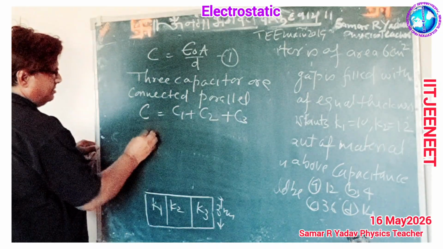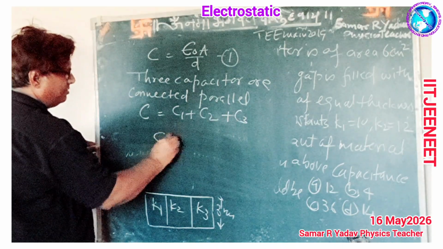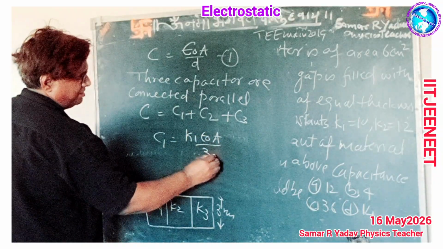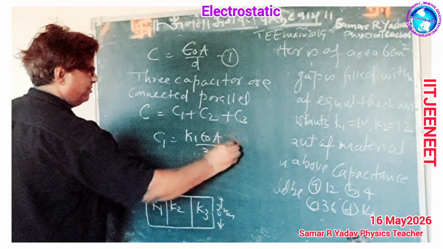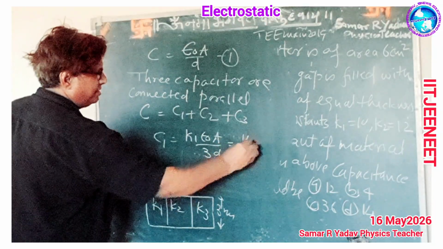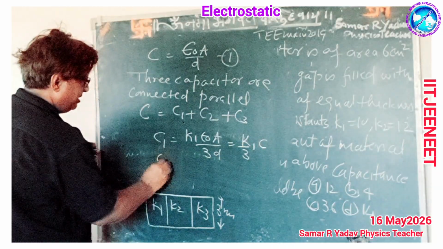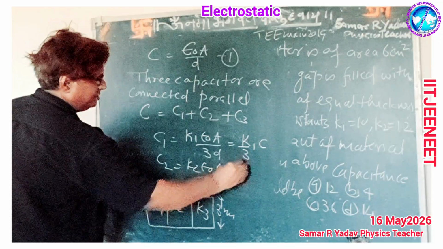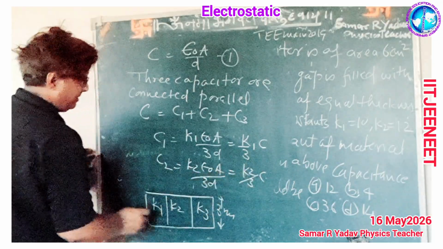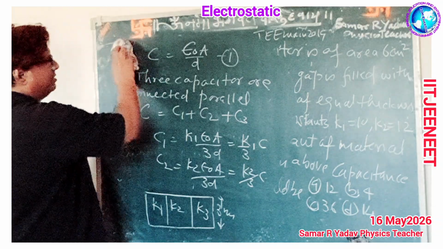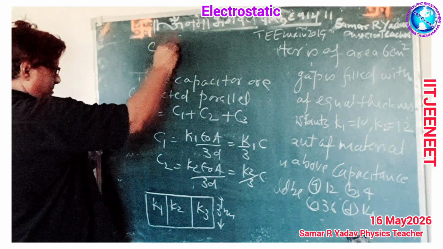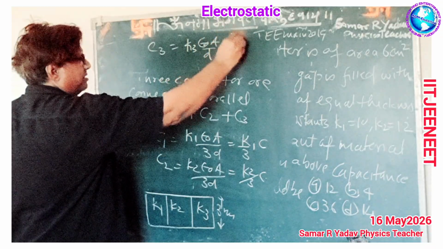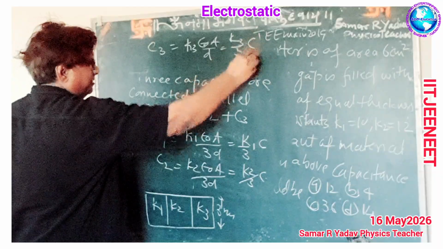Now here C1 is equal to K1 epsilon 0 A upon D by 3, which is K1 by 3 into C. Similarly, C2 is equal to K2 epsilon 0 A upon 3D, which is K2 by 3 into C. And C3 is equal to K3 epsilon 0 A upon D by 3, which is K3 by 3 into C.